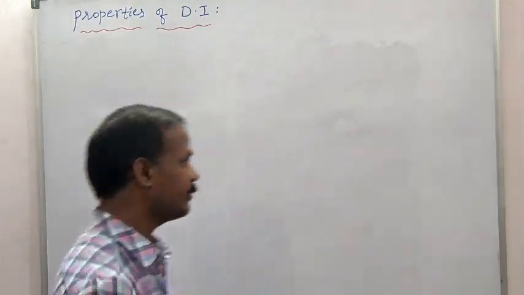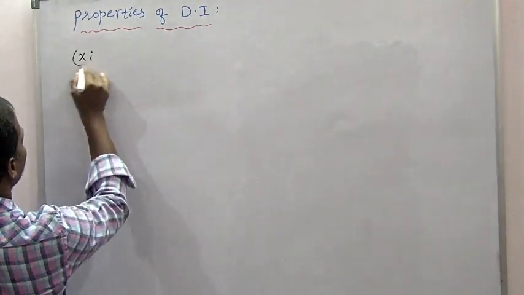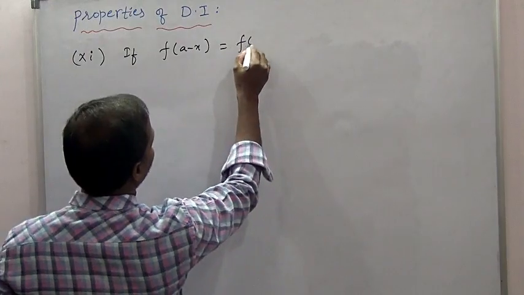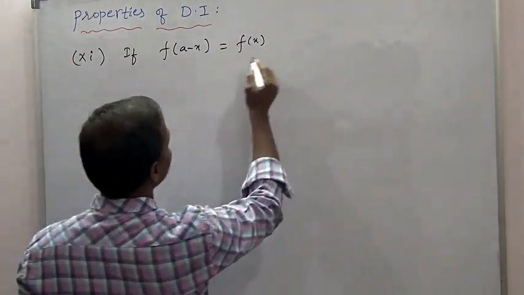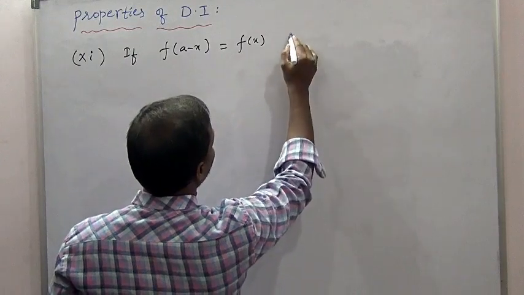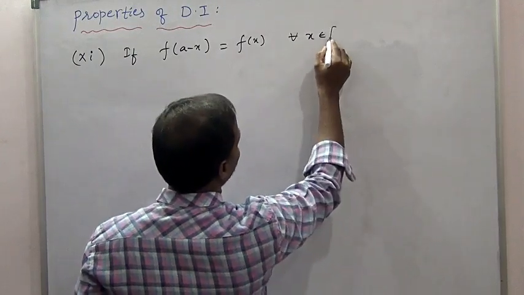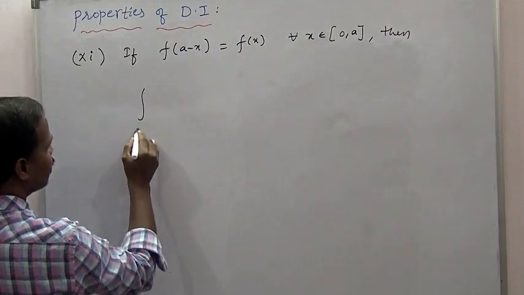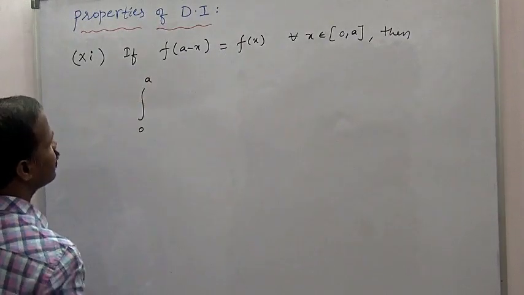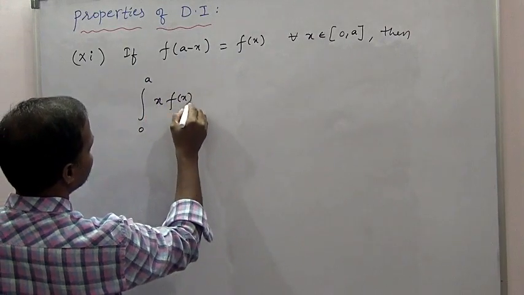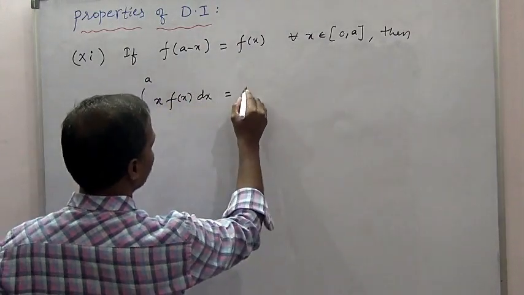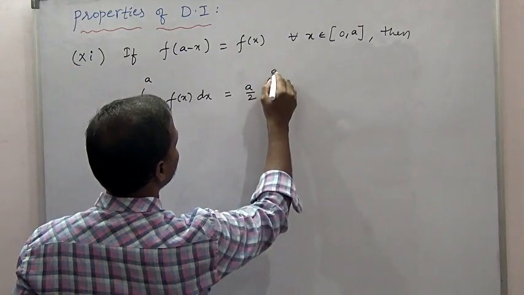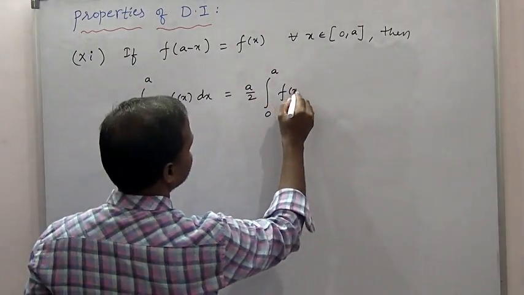Okay, so next property. If f of a minus x equals f of x for all x belonging to the closed interval 0 comma a, then integral 0 to a of x f of x dx equals a by 2 times integral from 0 to a of f of x dx.